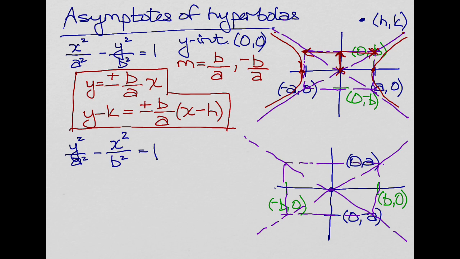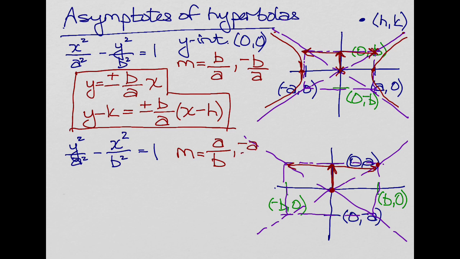And now we're looking for slopes. So the one with the positive slope, to get from the center to my corner point up here, I'm going to go up, this time a distance of a, and to the right a distance of b. So slope, change in y over change in x, they're both positive. For the one with the negative slope, I'm still going up a distance of a, but now left, the negative direction.